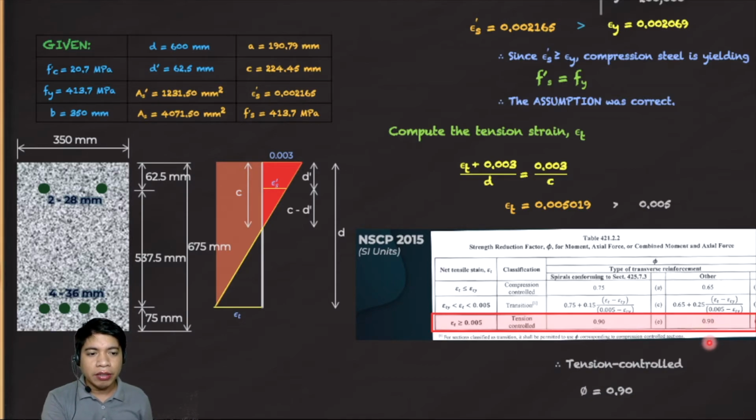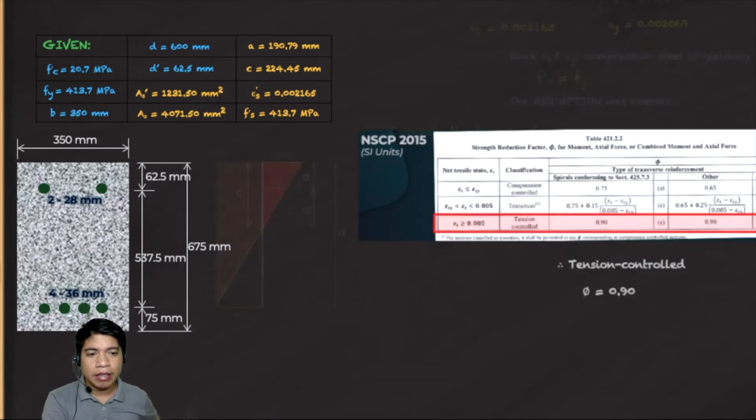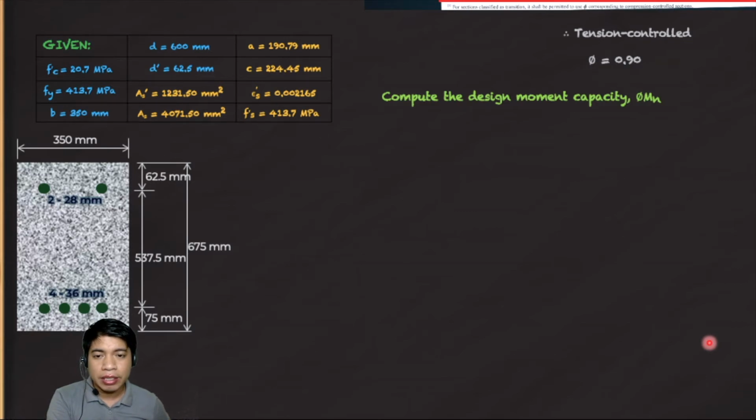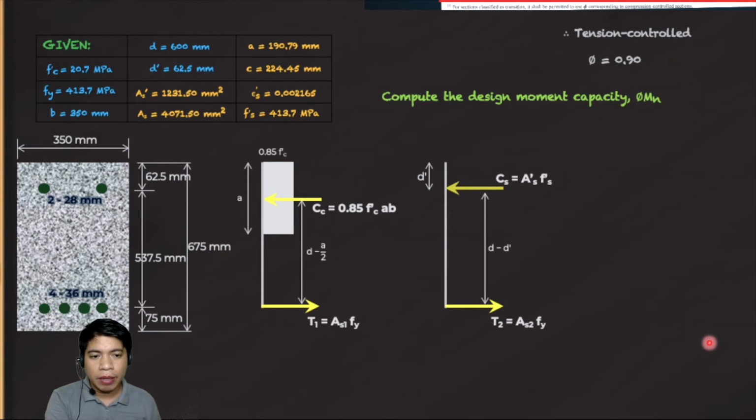Okay? So ngayon guys, na-compute na natin yung ating value ng phi, then we can now compute our design moment capacity which is phi Mn. Hiniwalay natin guys, ito yung ginamit natin na figure dun sa ating first na video.